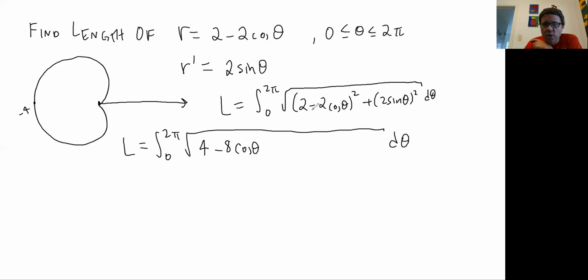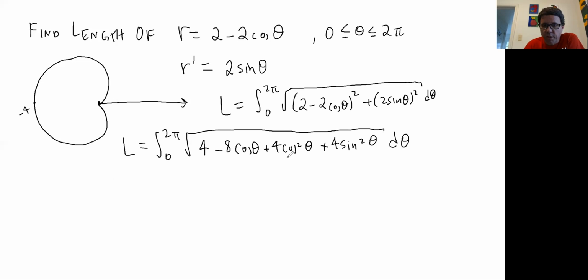The last term squared would be plus, because I square out the minus, cosine squared. So just the basic squaring of that, remember the middle term. And then square sine, so that'll be 4 sine squared. So that's just multiplying the inside out.